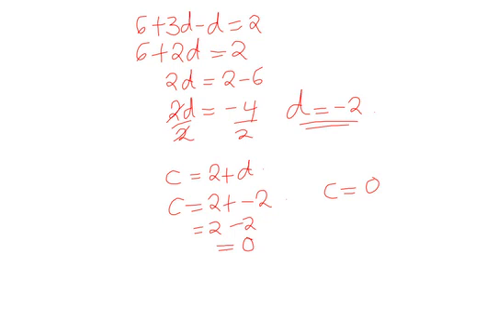So the matrix of that transformation is equal to the value of A, which is negative 2, the value of B, which is 0, the value of C, which is 0, and the value of D, which is negative 2.